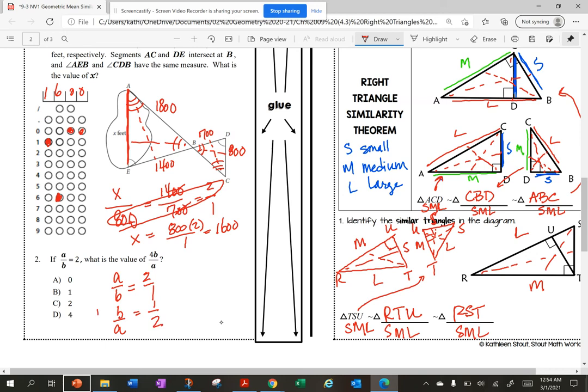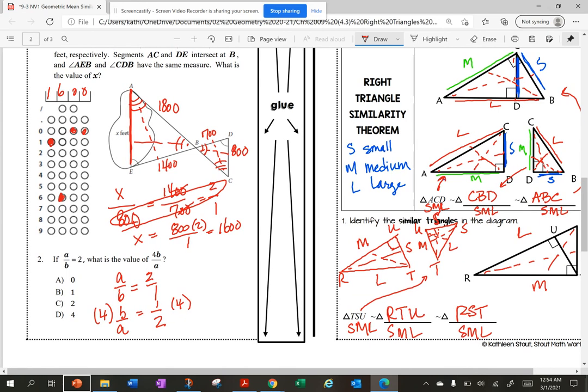And then I'm going to multiply times 4. If I multiply times 4 on the left, I'm going to multiply times 4 on the right. So 4 divided by 2 is 2. So I'm just left with 2.